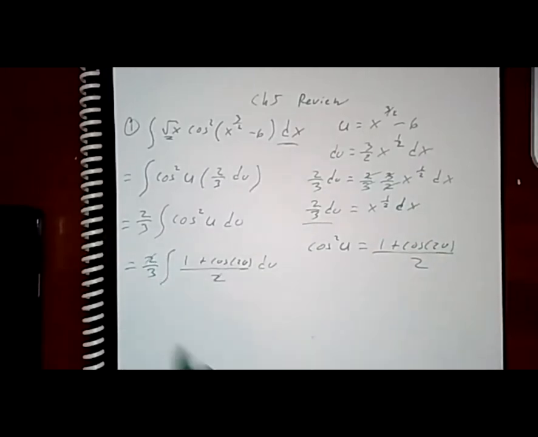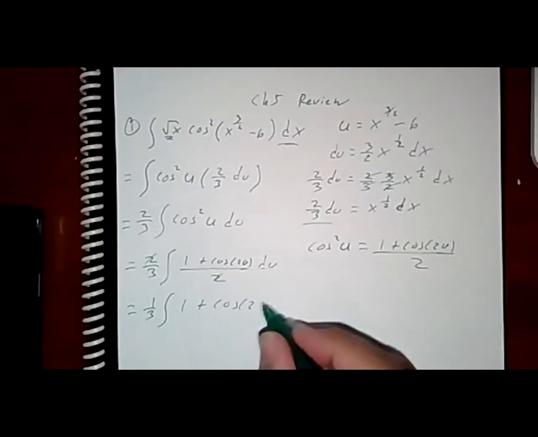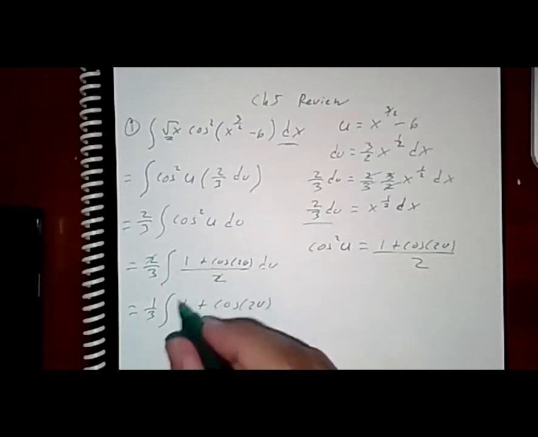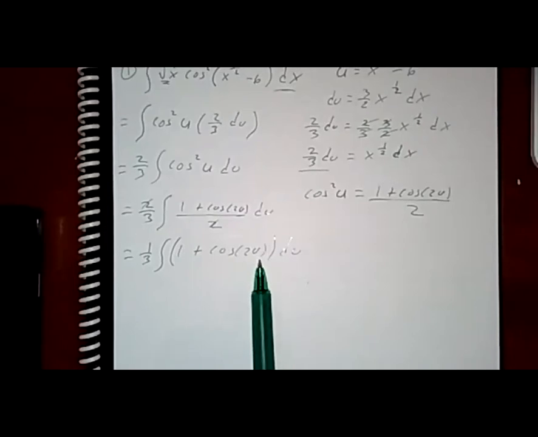Now I have 1/3 integral of 1 plus cosine 2u. You can straight up integrate this and we'll be done, and then bring back the u. Remember I gave you a formula for cosine of some number times u? You can use that or you can do another substitution for the 2u. It's up to you.